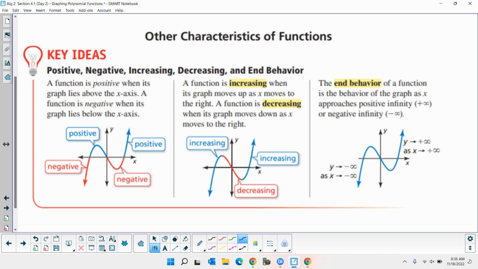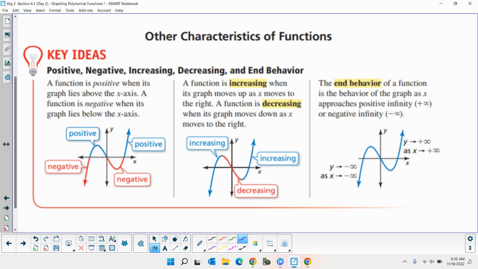Now, talking increasing and decreasing, all right? Looking at it left to right, it's going up until I get to whatever x value that is. Let's say it's a -2 there for x. So it's increasing from negative infinity to -2.